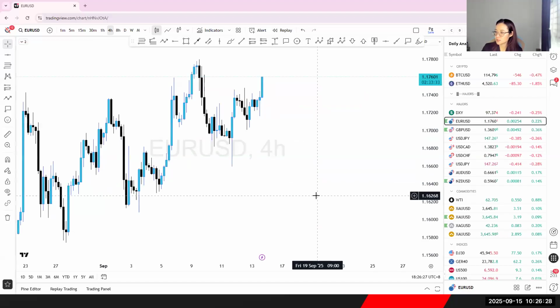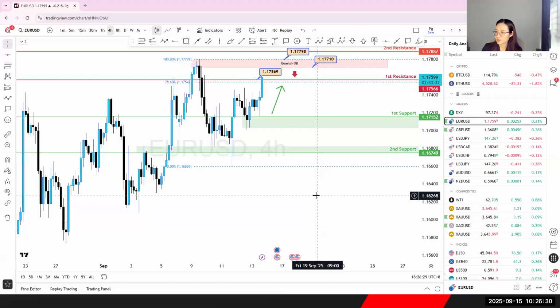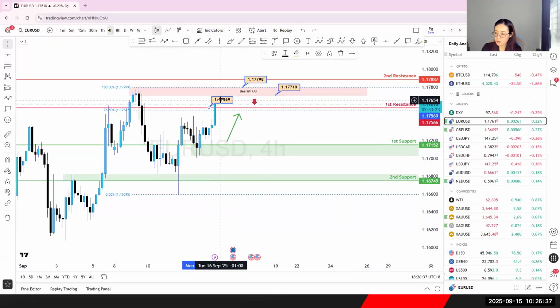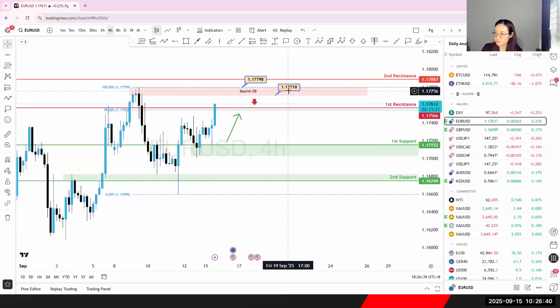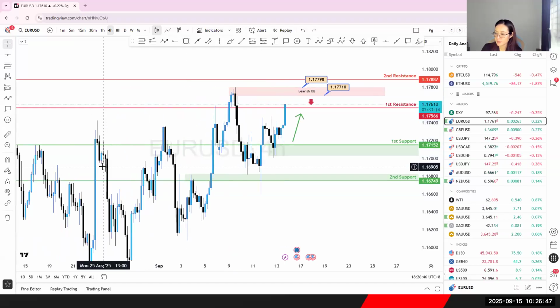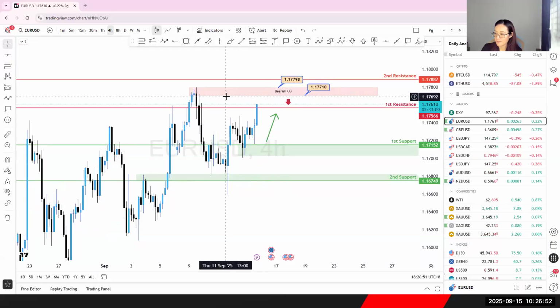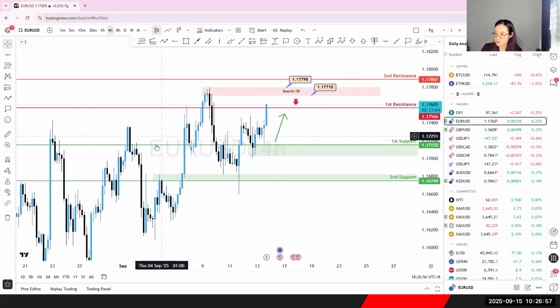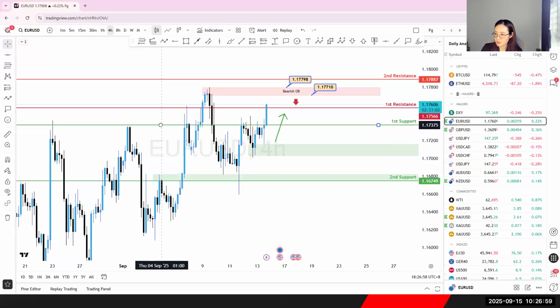anonymous say EURUSD. Okay, we're gonna sell at the OB, meaning that price did not respect the first resistance. The last sell zone, you're gonna sell at the OB here. Okay. Price comes from the support level. Sell here. This is the take profit.